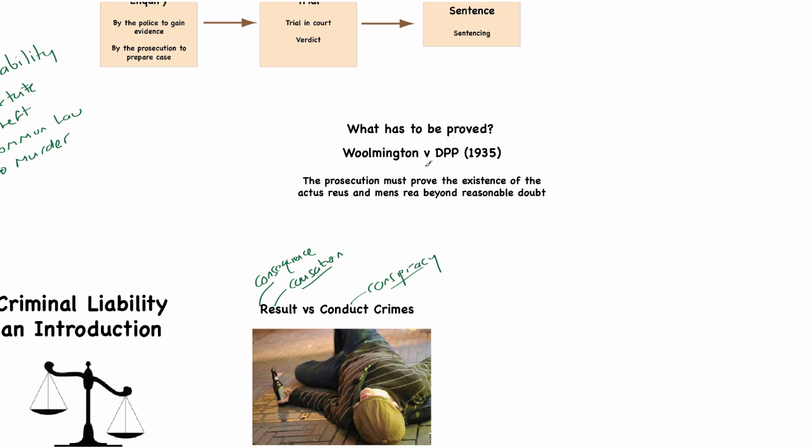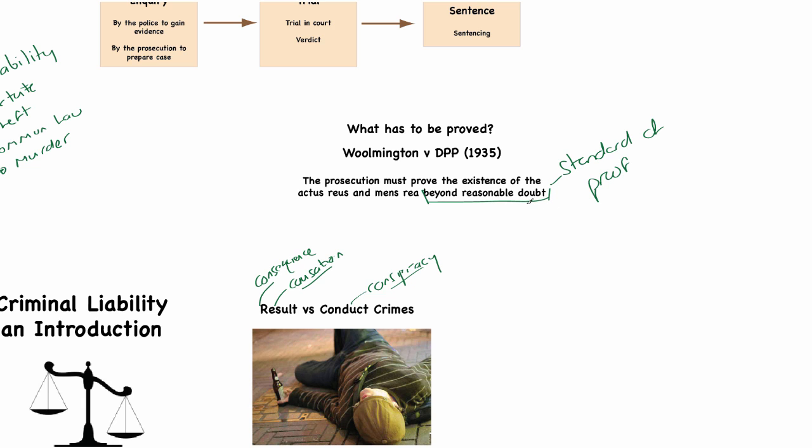Okay, so what has to be proved? Well, in simple terms, the prosecution must prove the existence of the actus reus and mens rea beyond reasonable doubt. Okay, and we all know that that is called the standard of proof. And the standard of proof in criminal trials is always beyond reasonable doubt.